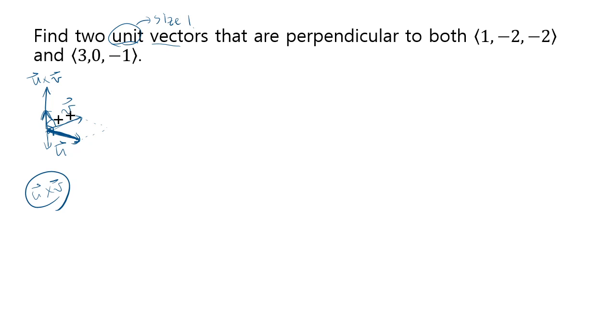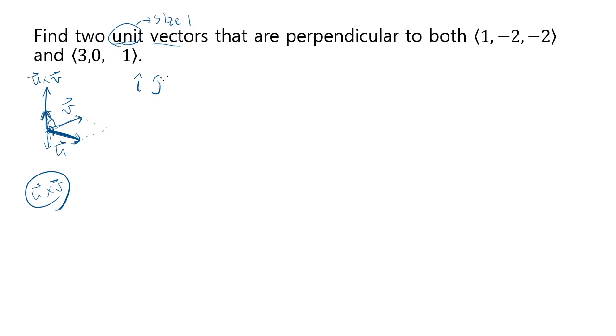So if you have two vectors, there are two directions perpendicular to the plane built by u and v. That's one, and this is the other one. So that tells us we should calculate the cross product.